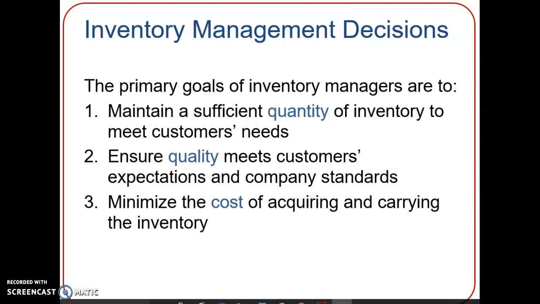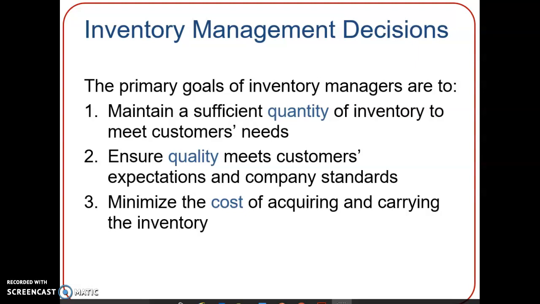But if you look at a manufacturing company or a retail company, the primary goals are threefold. First, quantity, second, quality, and in the meantime, cost of inventory. So we need a sufficient quantity of inventory to meet customers' needs. When you have customers at your store, that's an opportunity to make sales, and you would love to have enough inventory on hand to satisfy that need.